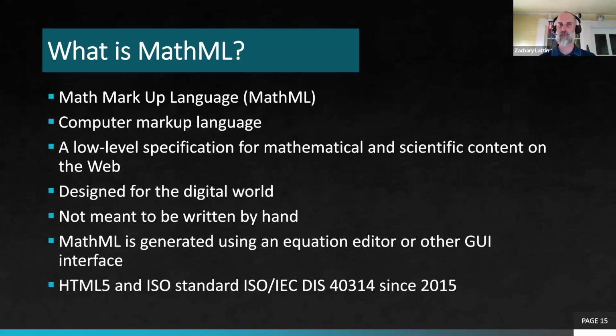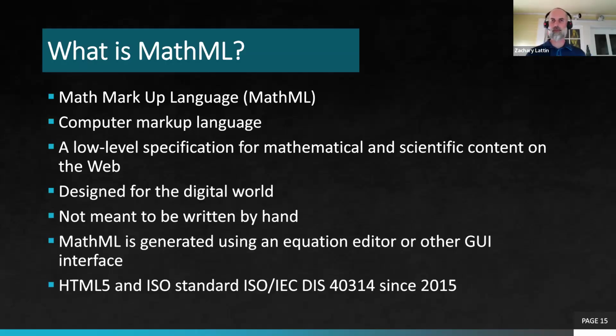So this technology was originally designed for the web. It was designed for the digital world. It is not meant to be written by hand. So those of you who might have written HTML by hand, MathML is not like that. And that's important because I've met people who have tried to write MathML by hand and it doesn't work. We'll show an example of that.